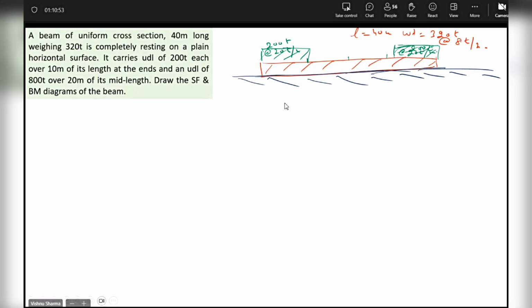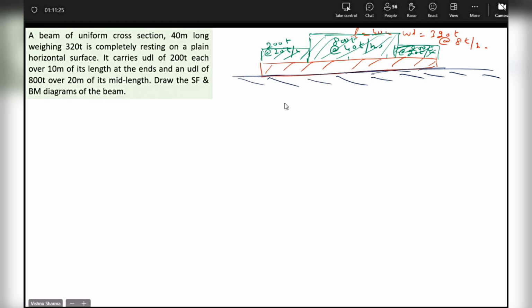And over the mid 20 meters of length which is left, it carries 800 tons of UDL, 800 tons at the rate of 40 tons per meter. Why? Because it is over 20 meters of length. Guys, does everybody agree with this diagram? Please let me know. First, have your confirmation about the correctness of the diagram with respect to the question.